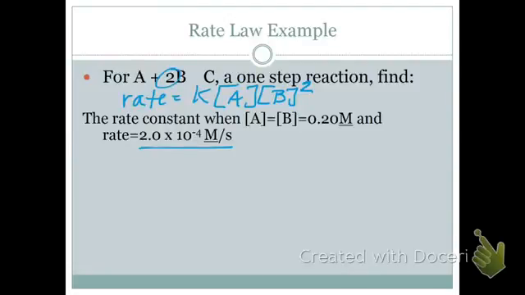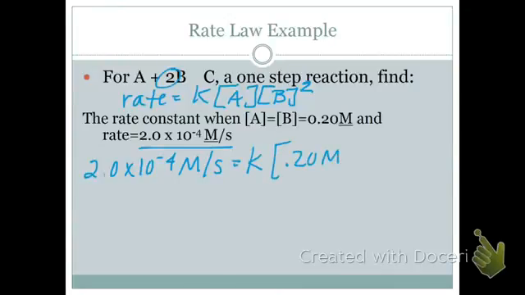So it gave us a rate of 2.0 times 10 to the negative 4 equals K times 0.2 molar times 0.2 molar squared. Okay, so if this is our rate law, we're going to solve for K. Then it's just basic algebra.